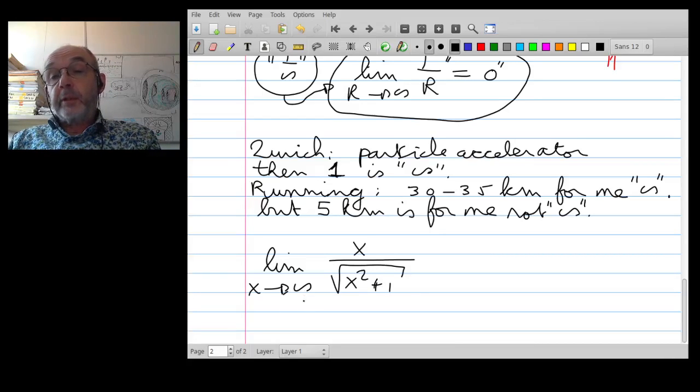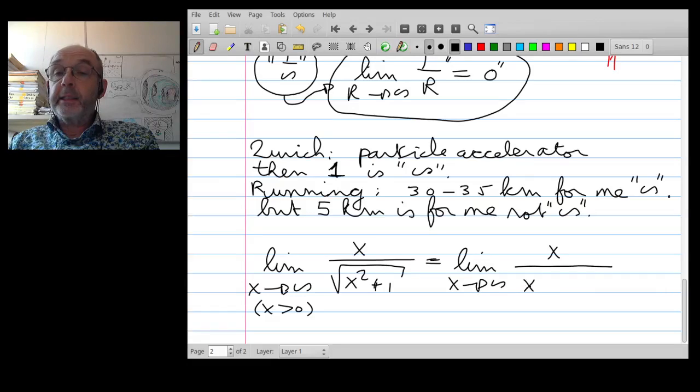You see your x is positive, so you can take x squared out of the square root, and I get the limit of x divided by x times the square root of 1 plus 1 divided by x squared.